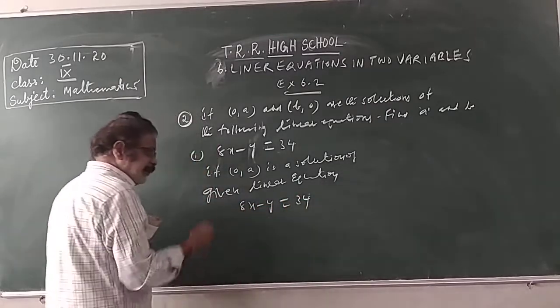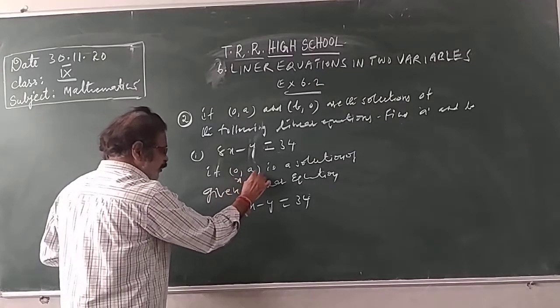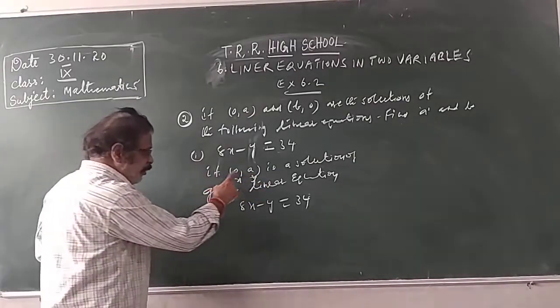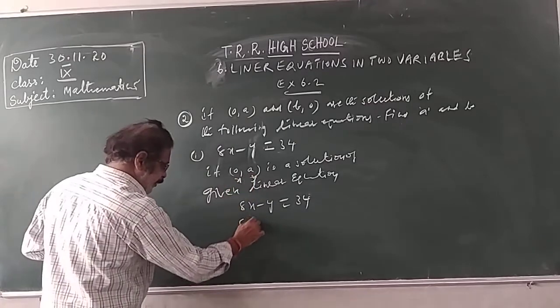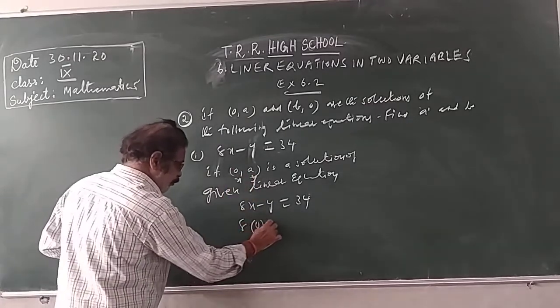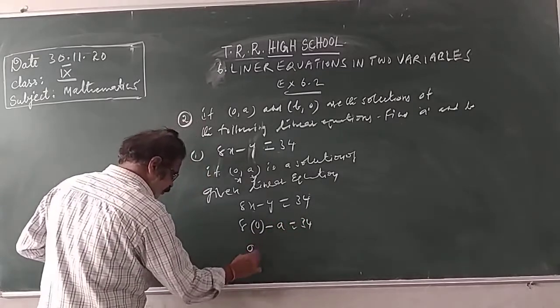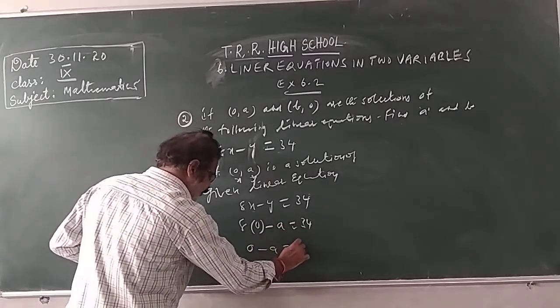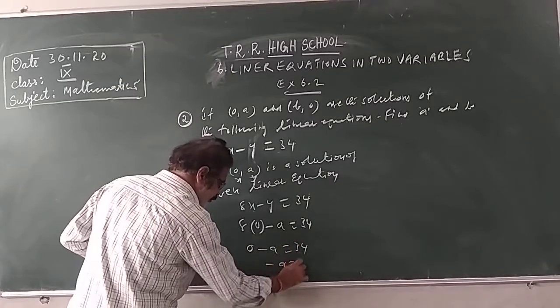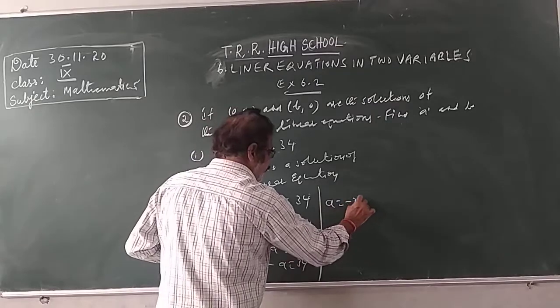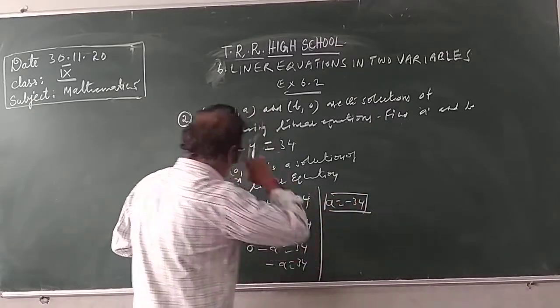Since it is a solution, substitute x is equal to 0 and y is equal to a. 8 into 0, that is 0, minus a is equal to 34. Minus a is equal to 34, a is equal to minus 34. We got the a value.